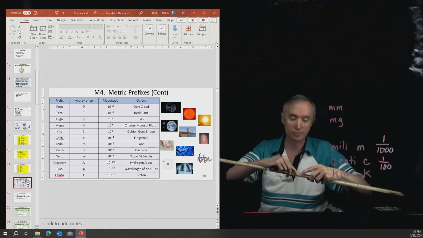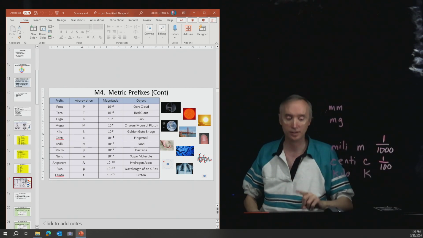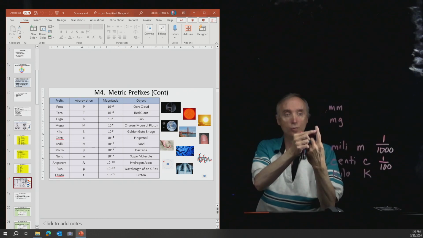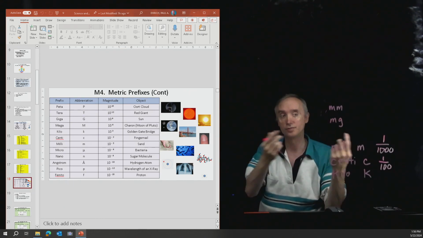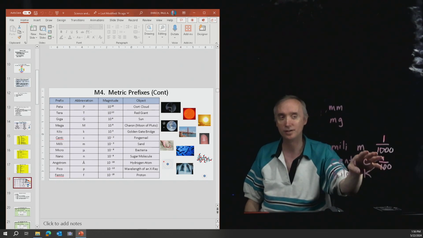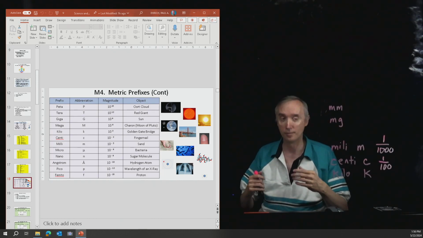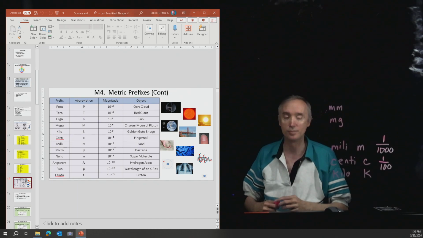A centimeter is the distance between my 2 fingers there, and it's approximately equivalent to the width of your fingernail, just to give you an idea for what a centimeter means. Now the word centi is actually not used that often for other measurements in the metric system, but it is used when we're talking about lengths, so centimeters.